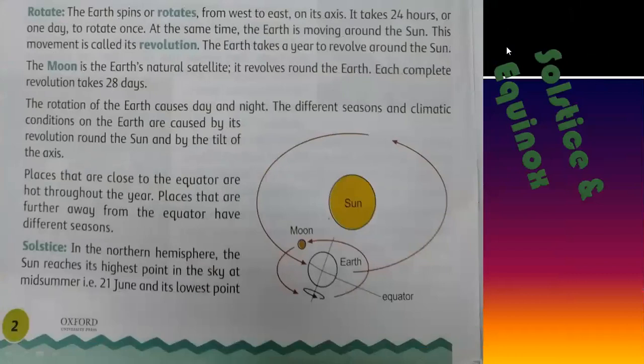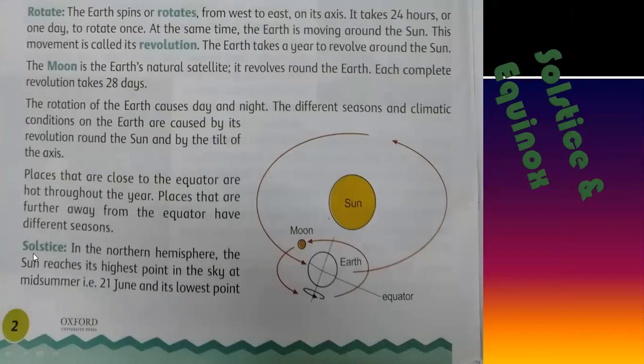Let's start our second portion of that chapter, Geography. Solstice and Equinox. Dear student, just understand what it means, solstice. It's a compound word.